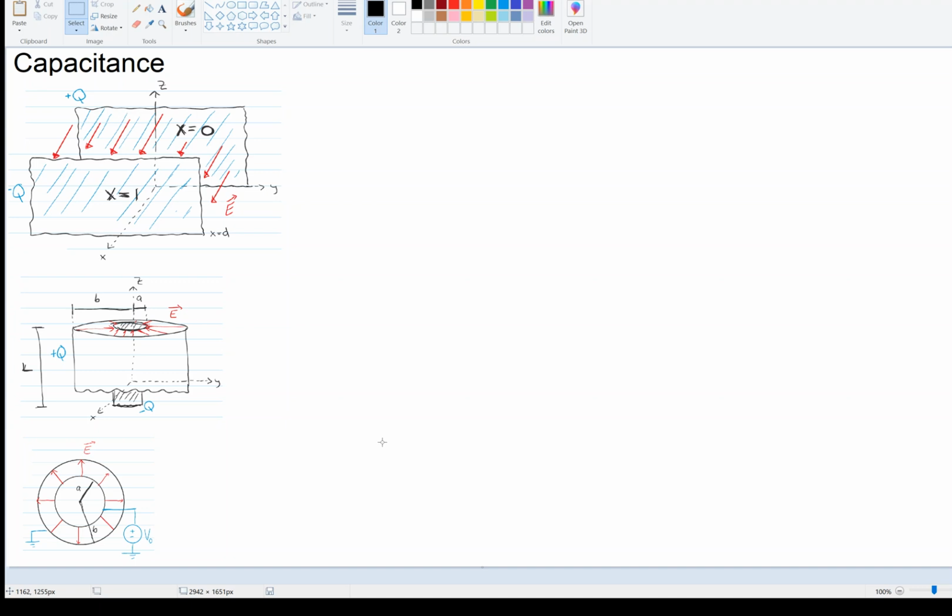In our discussion about conductors, we calculated the voltage, the electric field, and so forth between the plates of a capacitor, though we did not call it that.